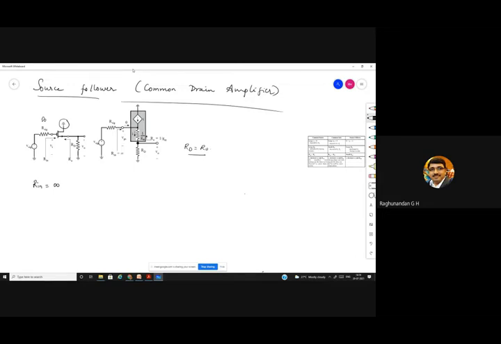Now this RD is connected across the source, not across the drain. Here, if you get confused, you can consider this RD as RL, or you can retain it as RD only. Anything you can take, RD is equal to RL.